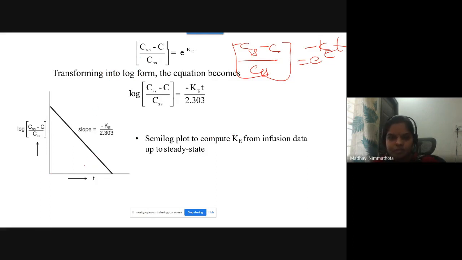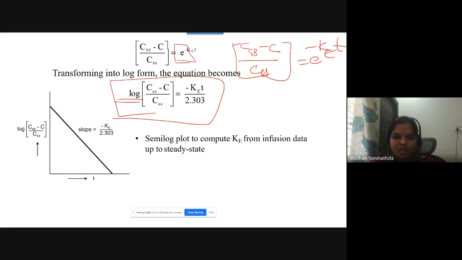Then when you transform the above equation into the logarithmic form, log of CSS minus C divided by CSS is equal to, when you remove this exponential form, minus Ket by 2.303. This is your final equation for IV infusion.